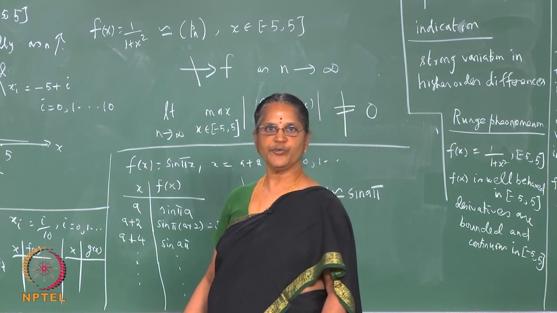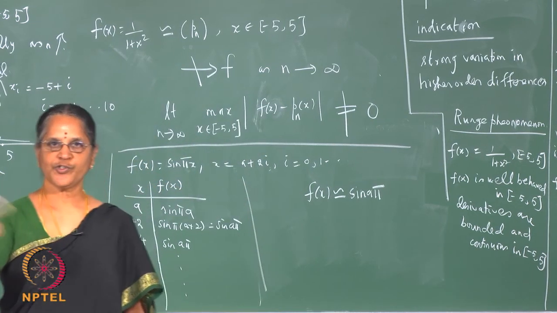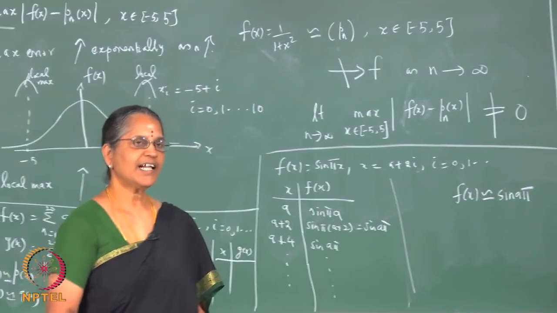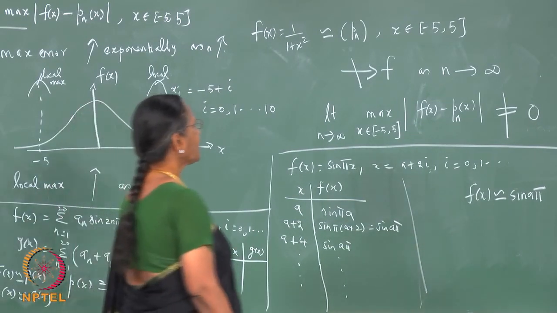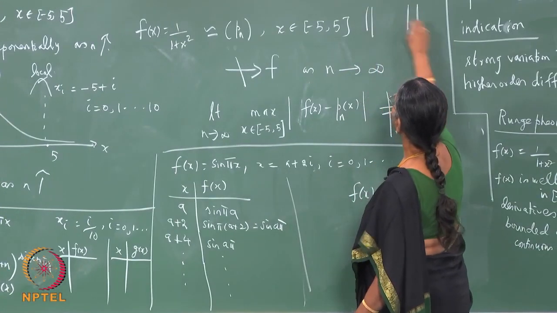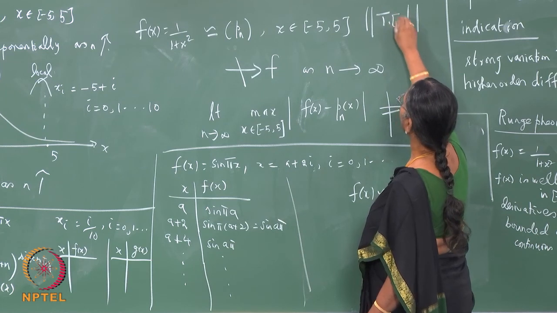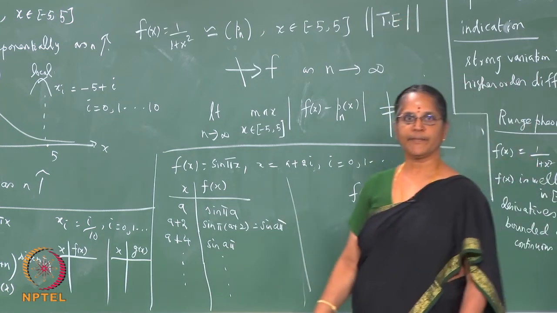Then what do we do? We have to take recourse to a more general class of approximation, which is based on minimizing the norm of an appropriate truncation error in approximation.